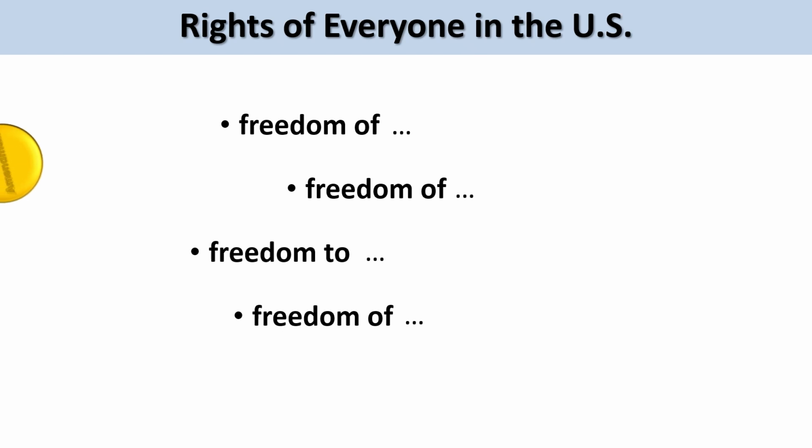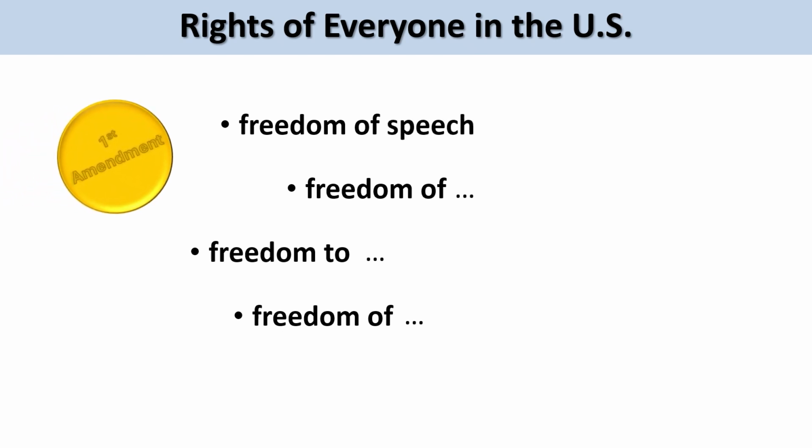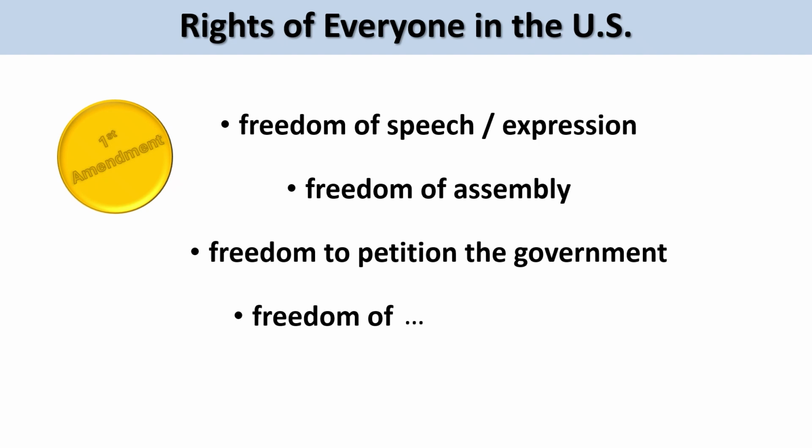Some First Amendment rights are freedom of speech, or more broadly, freedom of expression, freedom of assembly, freedom to petition the government, and freedom of religion, which is tied to the concept of freedom of worship.